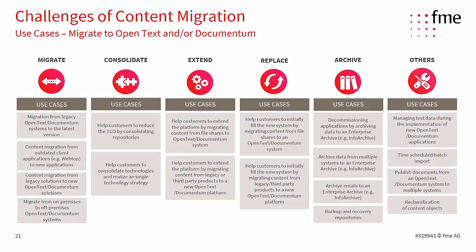If you have a legacy ECM system and you want to migrate the content and the metadata to a new OpenText or Documentum solution, then Migration Center helps you migrate this content from your legacy system to the new solution. Migration Center supports both systems, Documentum as well as OpenText Content Server. So you can use this product to migrate either to Documentum or to OpenText, and we also support some other target systems.